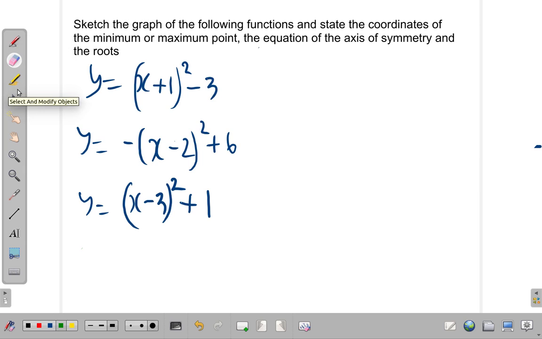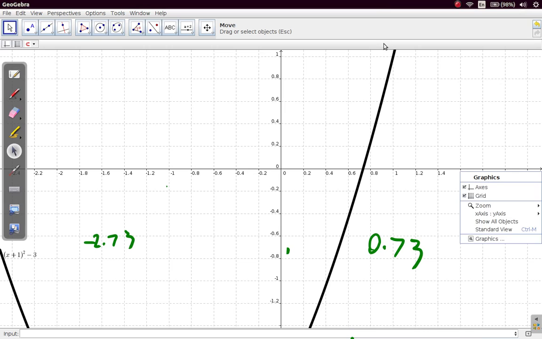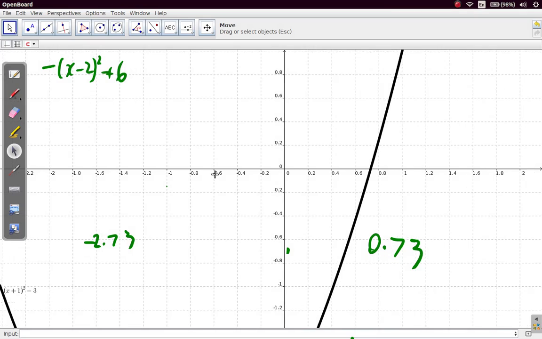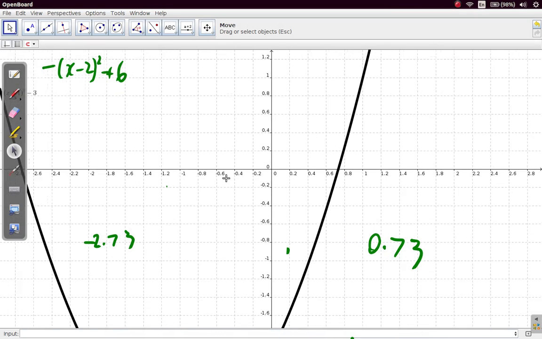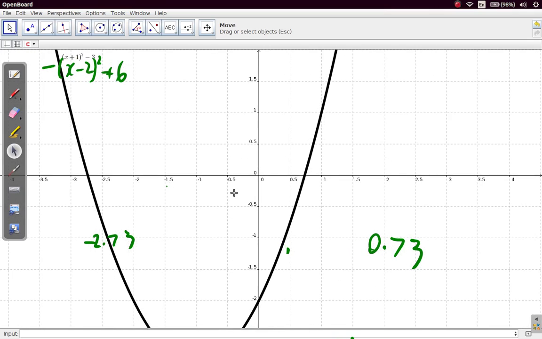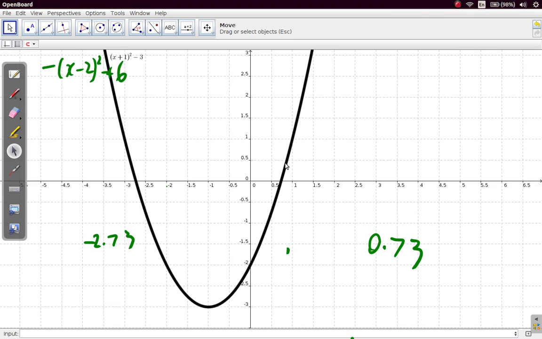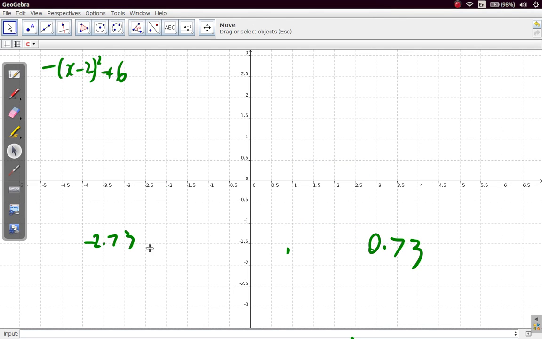Negative x minus 2 squared plus 6. Let's write that over here. What we have is negative x minus 2 squared plus 6. Let's see what that graph would look like. Let's zoom out a bit. Okay. Now, let's get rid of this graph.